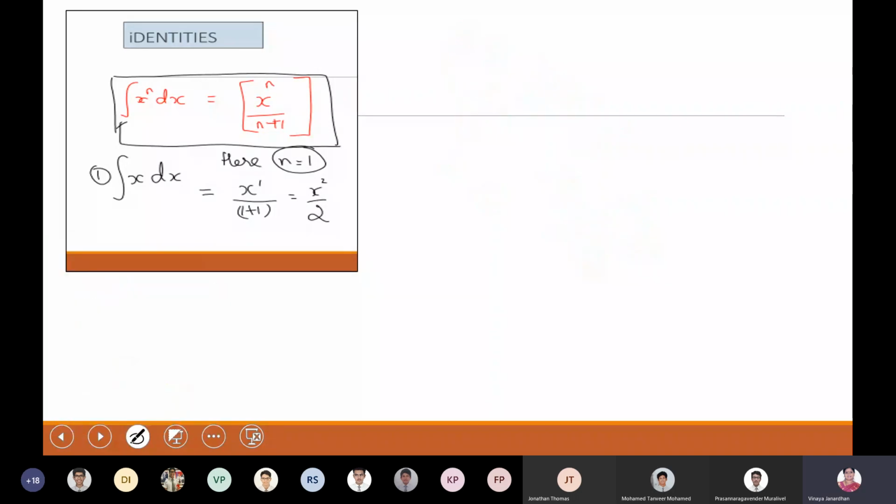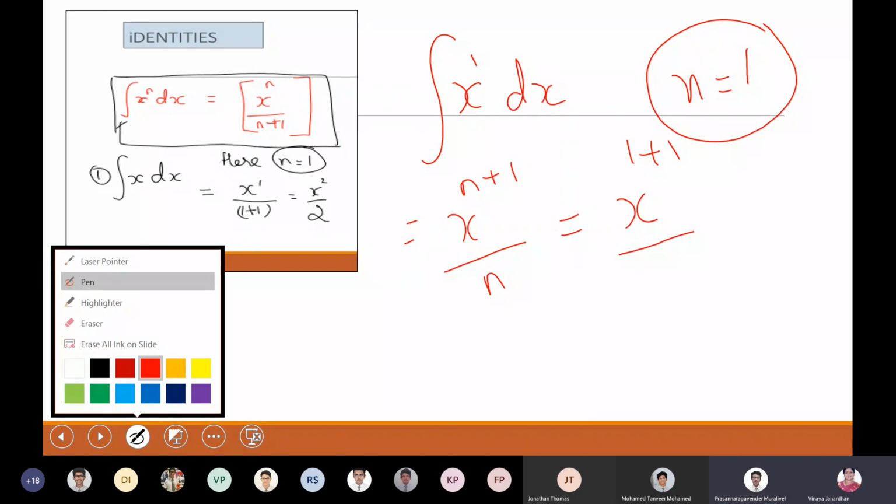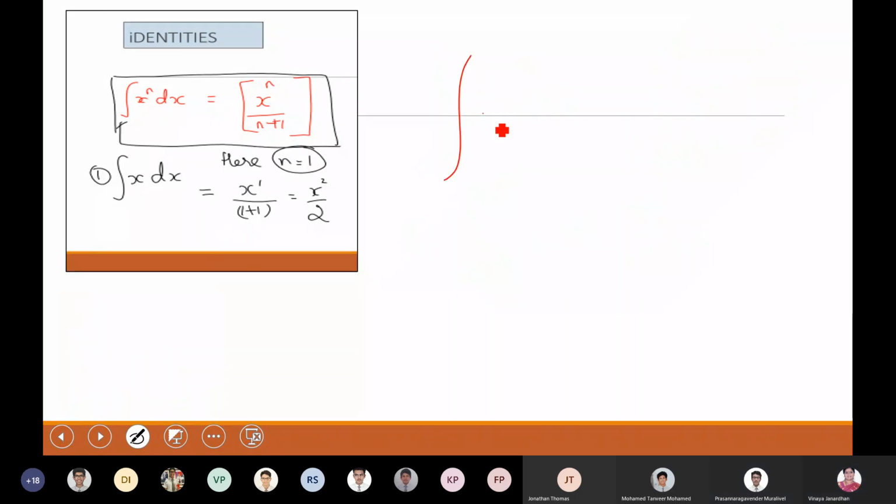Now look at this: integral x dx. It means x to the power of 1. So what is the value of n? 1, right? Here the value of n is 1. So this becomes x to the power of n plus 1 by n plus 1.